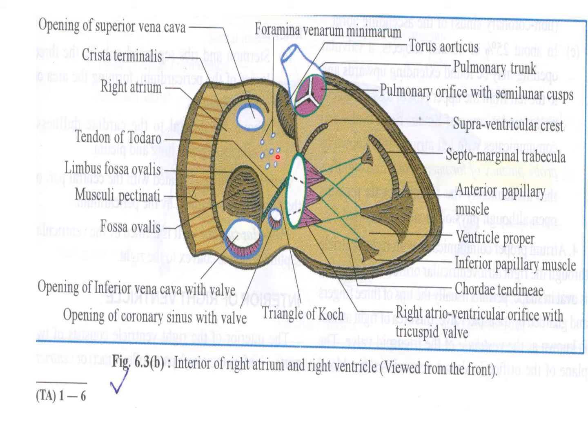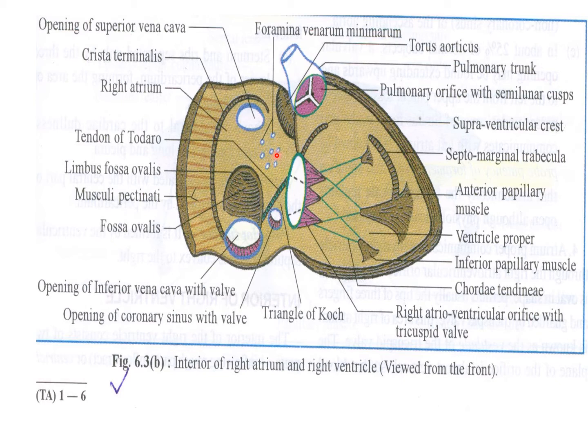And the small openings here are named foramina venarum minimarum. It is nothing but minute openings of the venae cordis minimae. There are small openings there. Openings of what? Venae cordis minimae. They are more numerous in the septal wall.